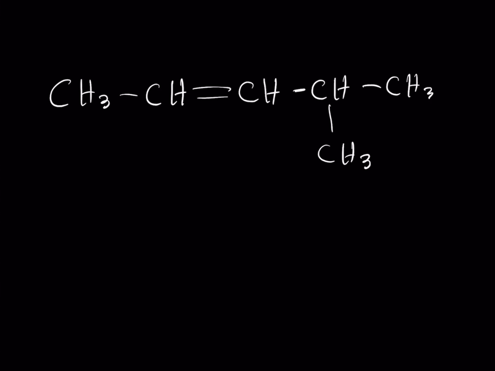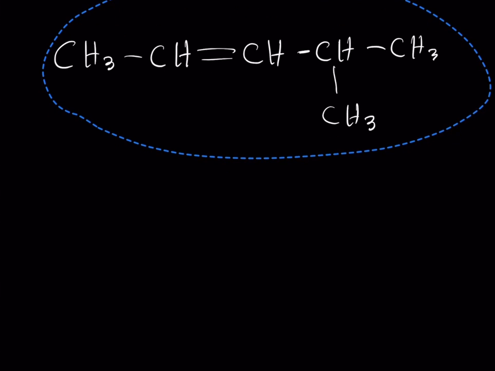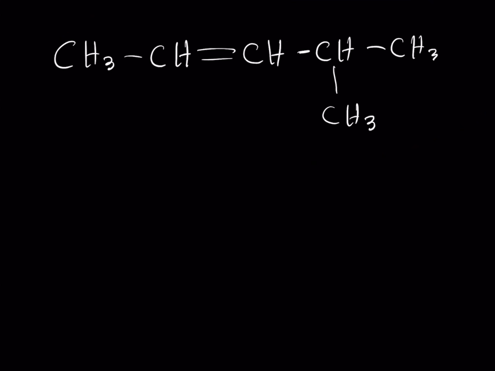Now let's first expand out this situation to make it easier to understand. So we have the double bond, right? And at the double bond, on the right side, it attaches to a hydrogen, and then attaches to a CH, which attaches to 2 methyl groups.